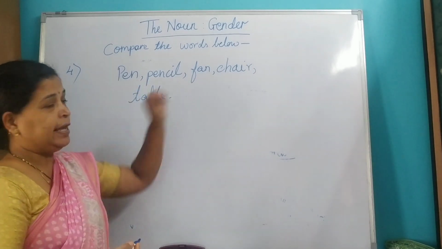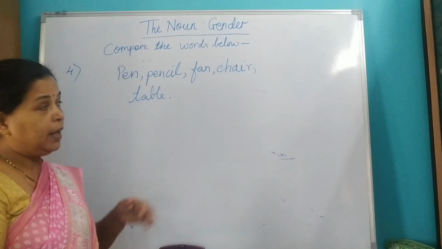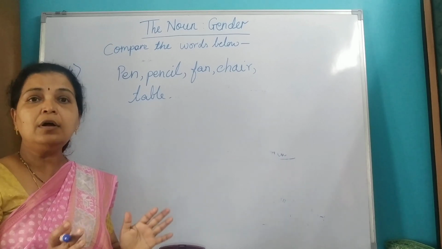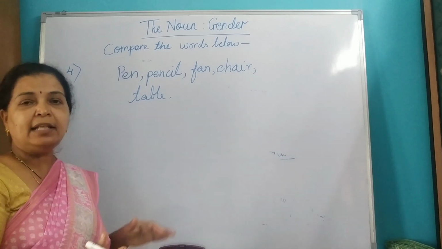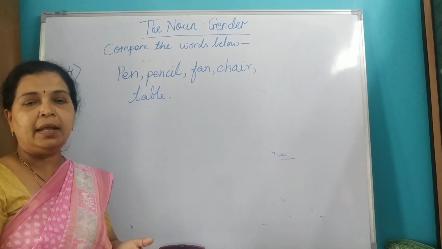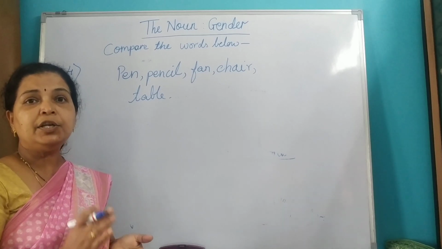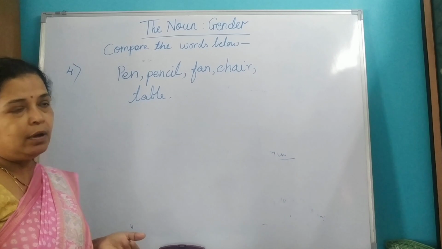Now all these names are of non-living things. They are neither a male nor a female. So a noun that stands for neither a male nor a female is called the neuter gender. Neuter means neither male nor female.